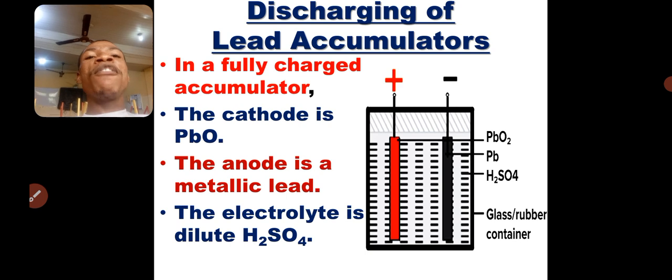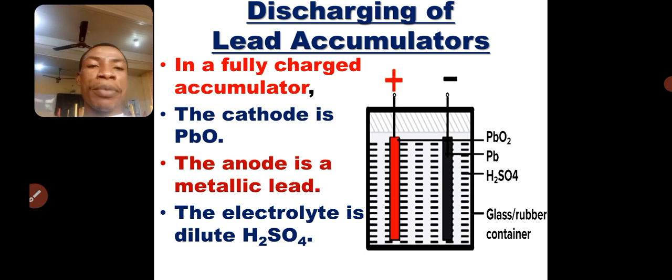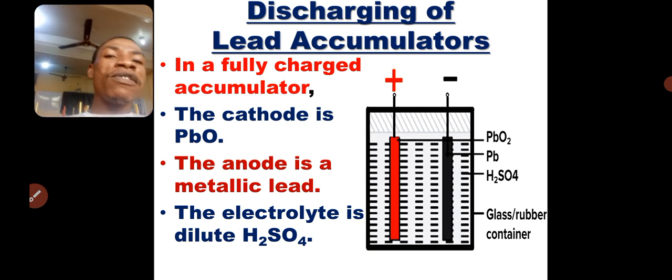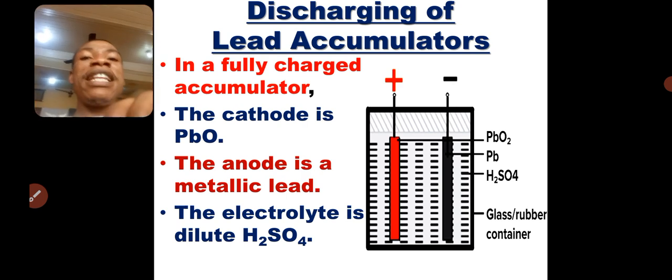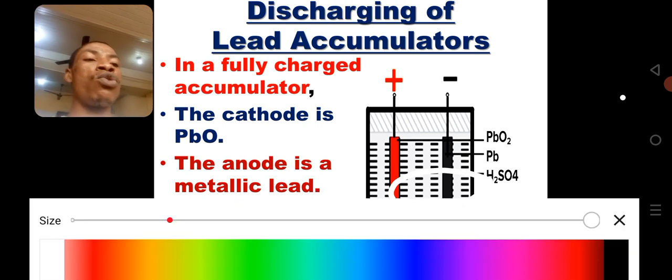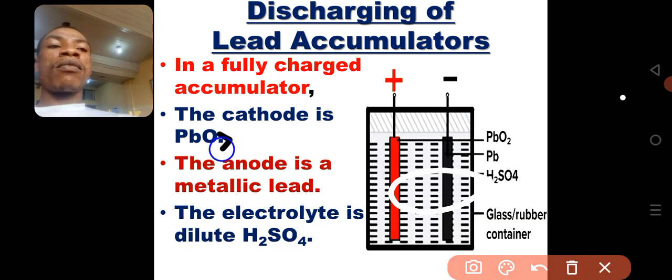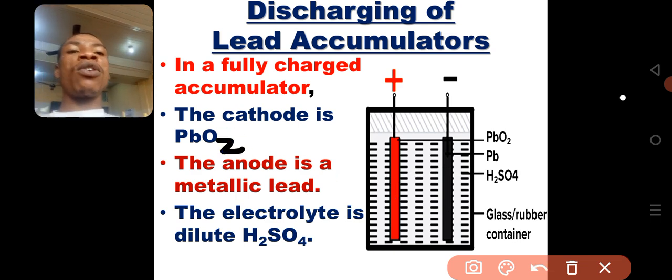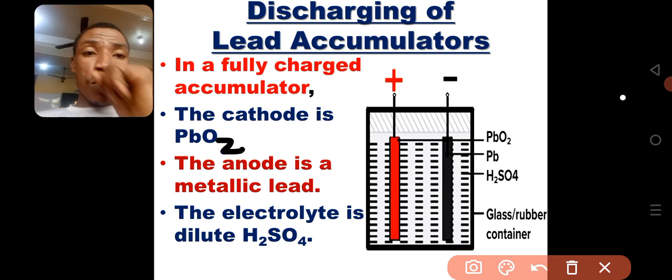When you have a fully charged accumulator, what happens during the discharging of the lead accumulator? First and foremost, know that the cathode of the lead accumulator is lead-4 oxide, PbO2.